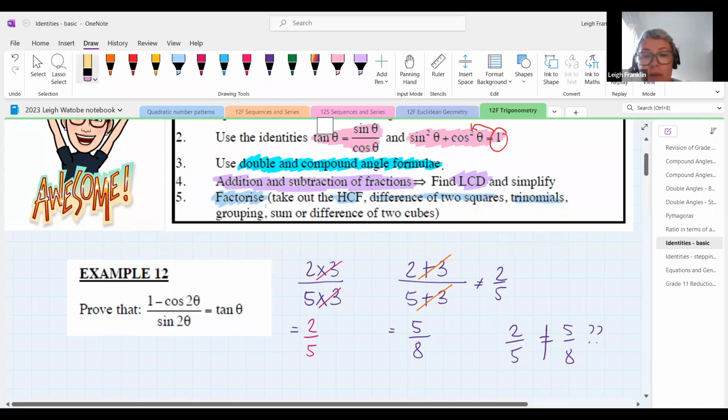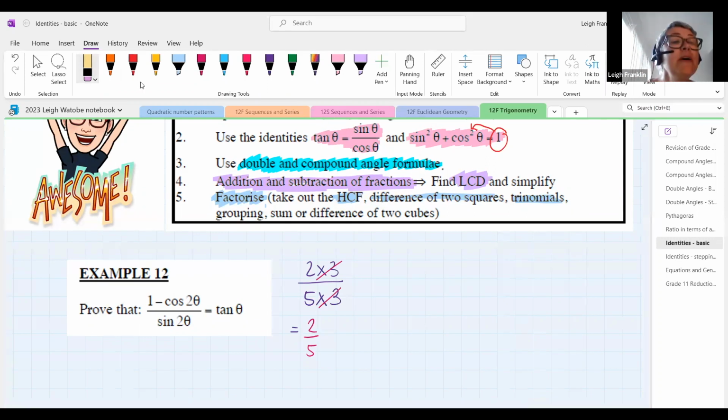If I did this, sorry, I haven't given myself much space here. Let me just rub that bit out. If I do it a different way, I'm still going to get 2 over 5 because 2 times 3 is 6, 5 times 3 is 15. Are 6 over 15 and 2 over 5 equivalent fractions? Yes, exactly.